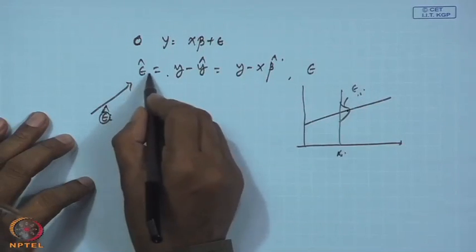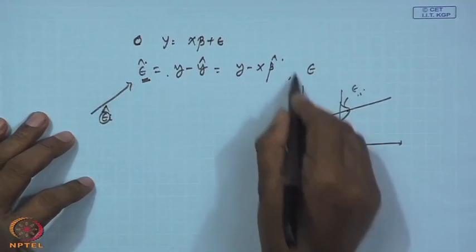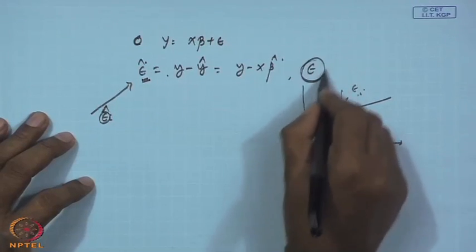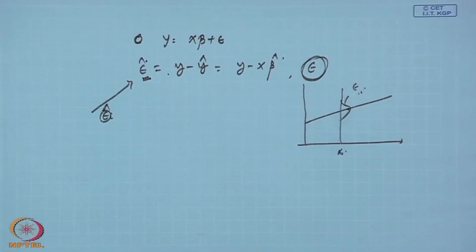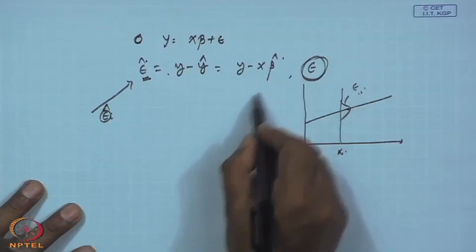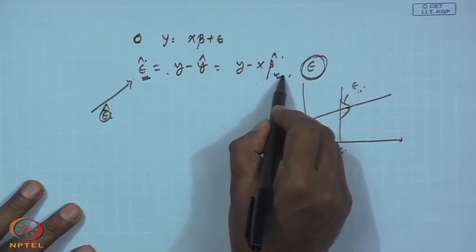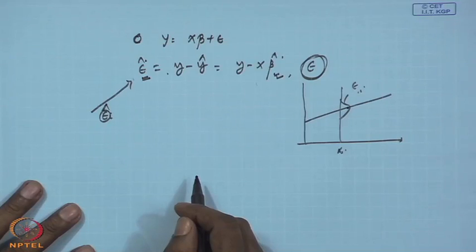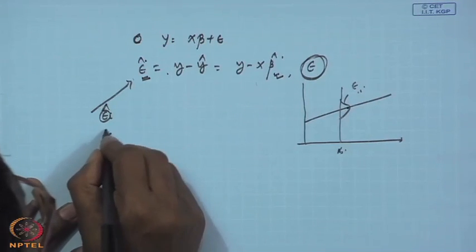So, in general, the epsilon cap will not be the same as the population epsilon. Here, this distribution will be governed by this beta cap that you are estimating here. Okay. So, a little bit of a clue I am giving you here.